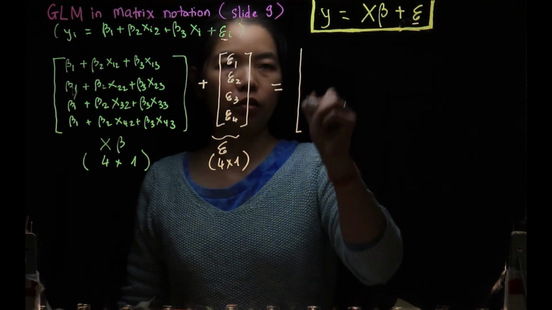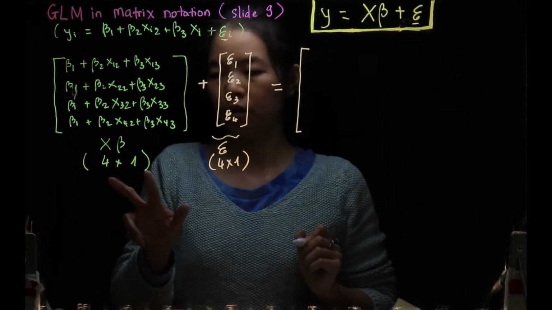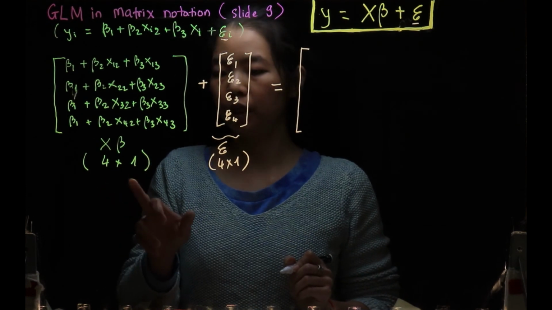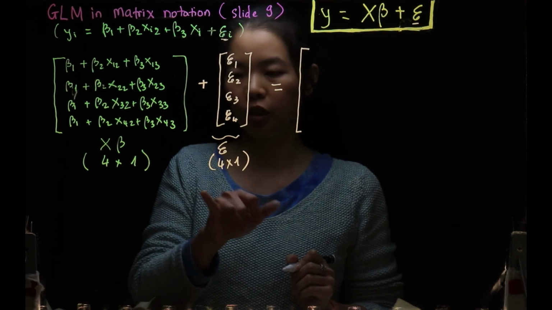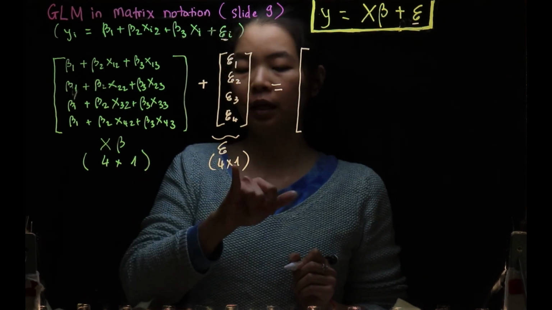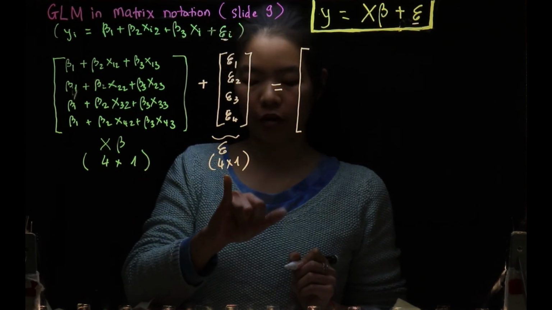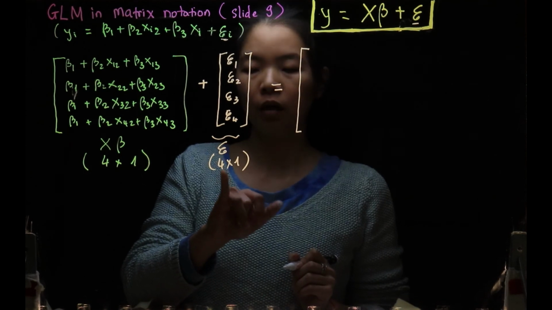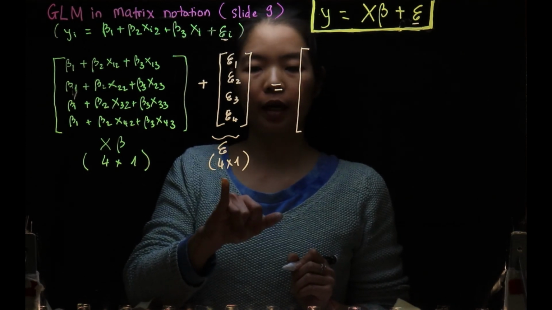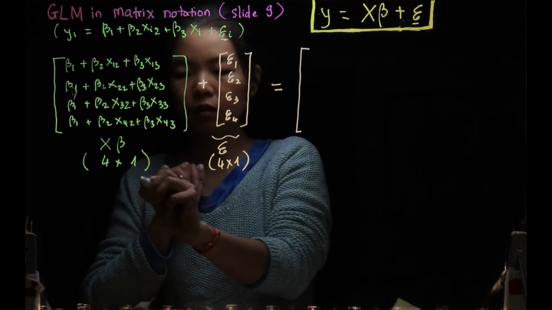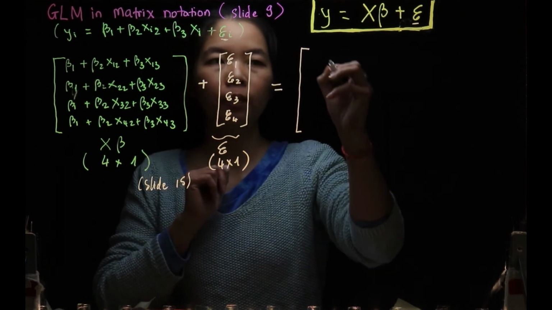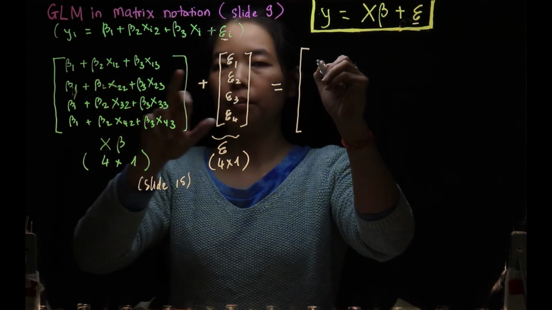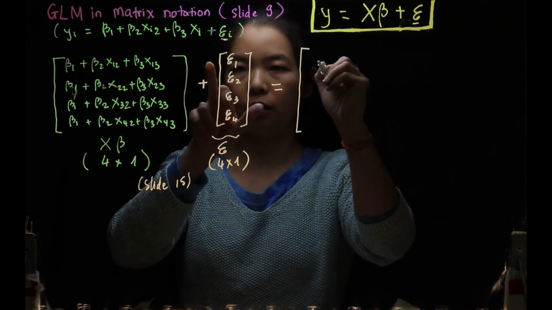So it's actually easy. The only rule to remember is that the dimensions must exactly match. If you have 4 times 1, then the other one must also be 4 times 1. For this, you can look at slide 15. And then we can just sum up the corresponding elements.